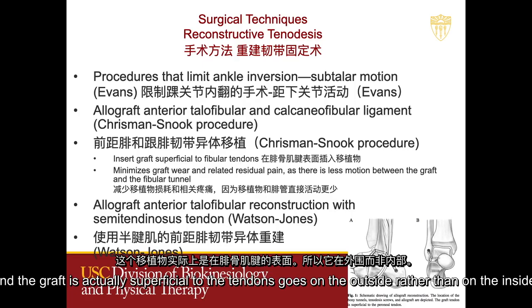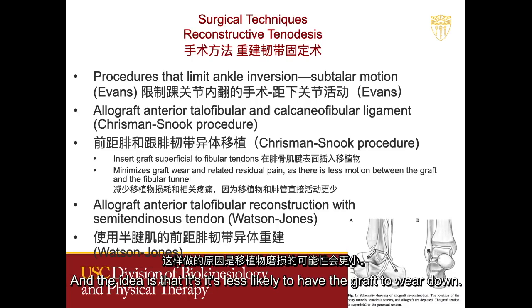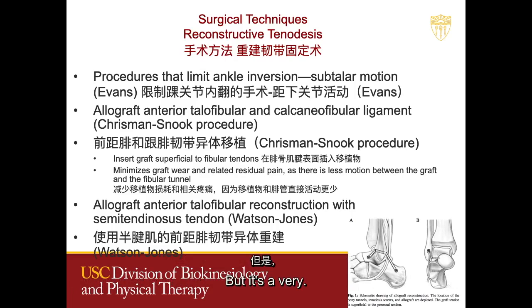So it goes on the outside rather than on the inside. And the idea is that it's less likely to have the graft wear down, but it tightens up the joint a lot. And so you end up with a much more stiff ankle. Again, very similar to the Evans procedure in that it doesn't allow for a lot of inversion.